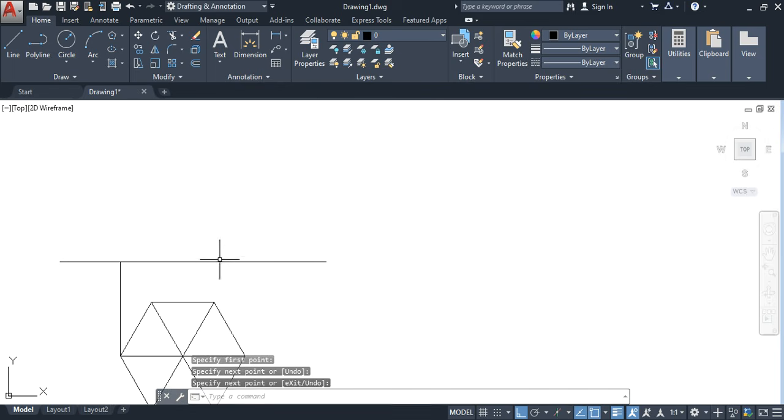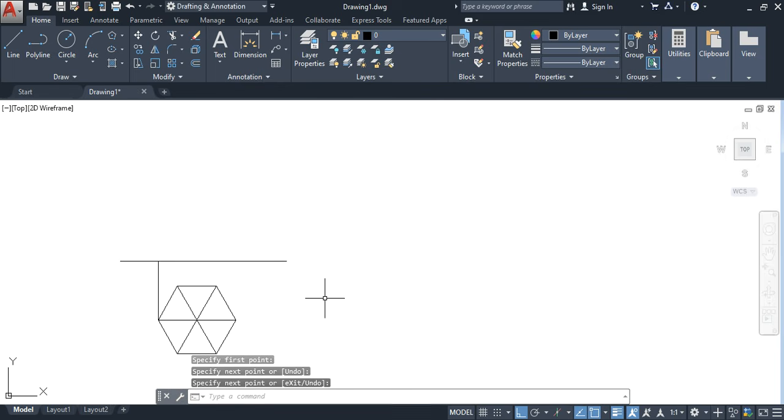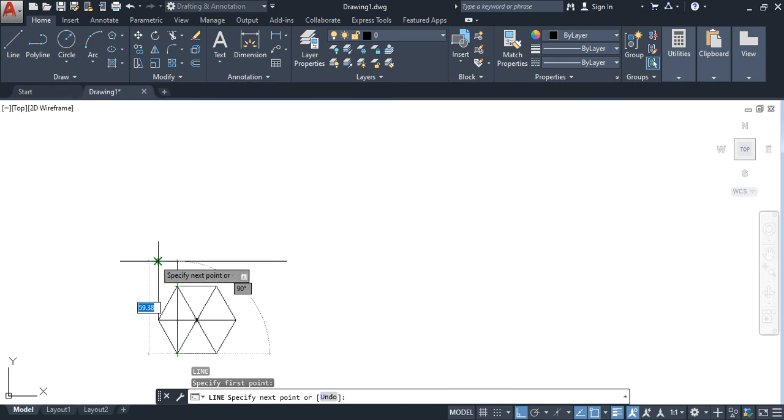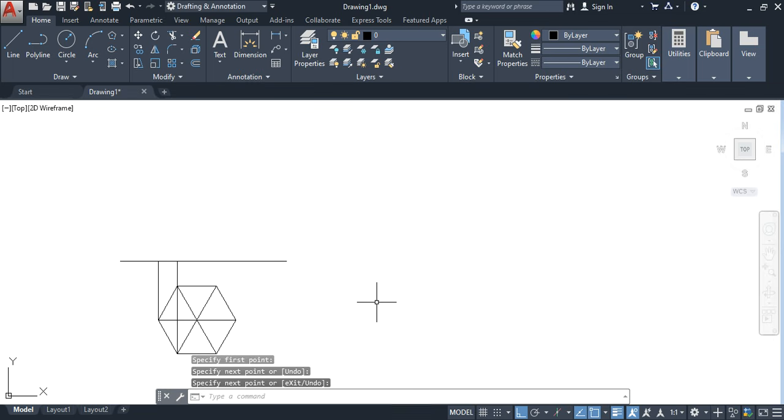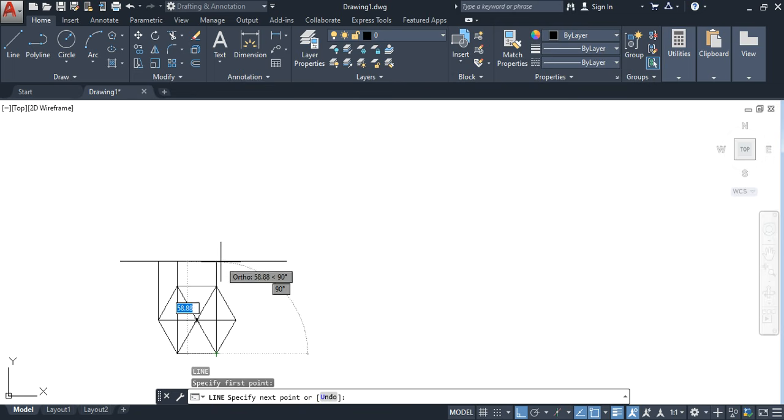From every corner we have to take projection lines, and from this last corner also we have to draw a projection line up to the reference line.